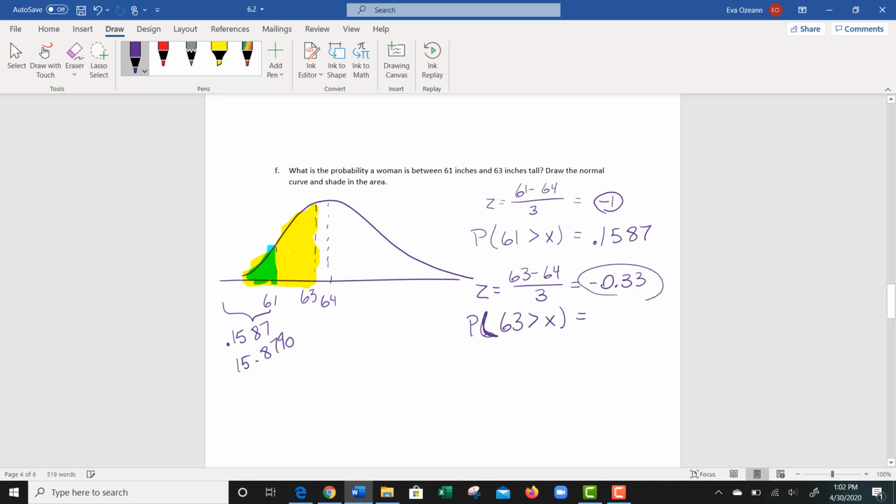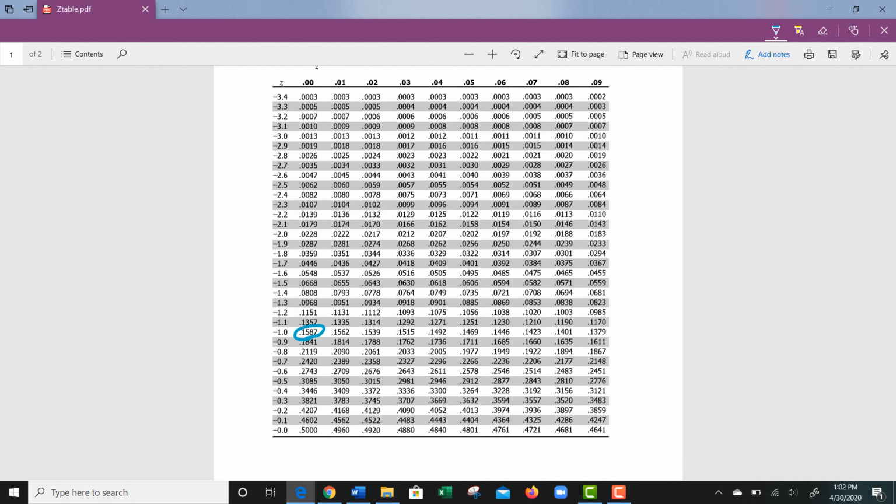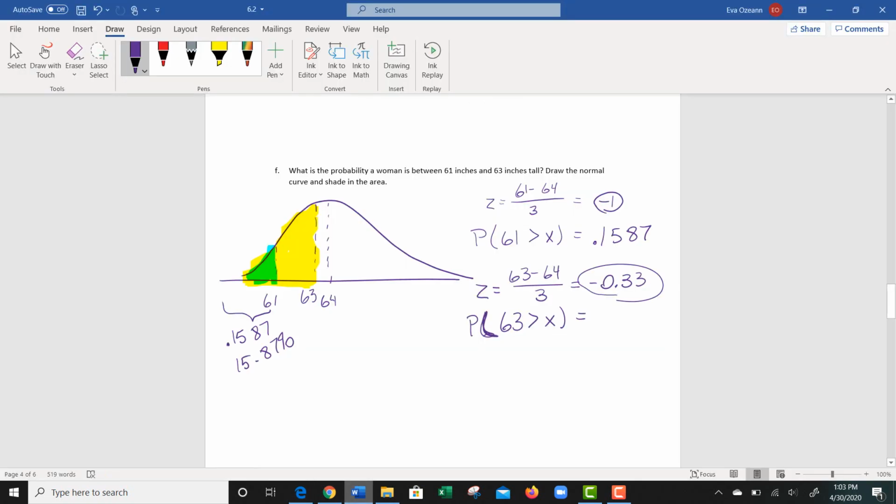So now we're going to find that -0.33 z-score in our table. So let's see, -0.3, and then I have 3 here, so if I line those up, I'm going to get 0.3707. So what that tells me is that the probability that somebody is 63 or shorter is going to be 37.07%.